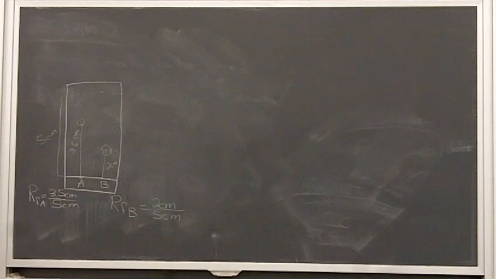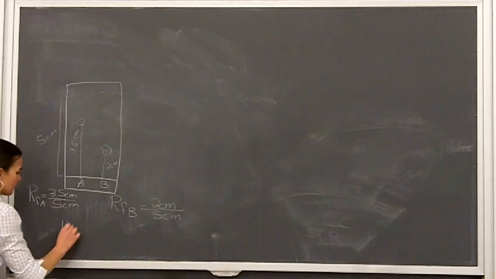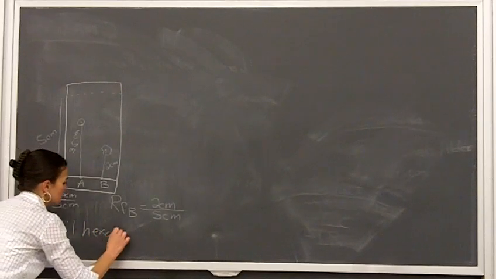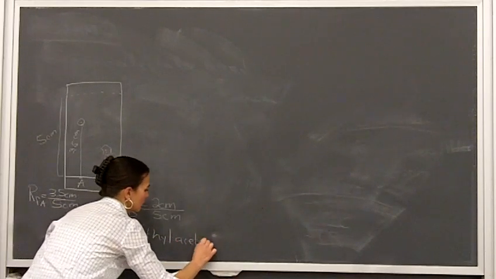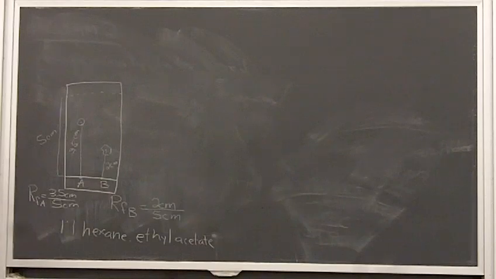Okay. Say we used 1:1 hexane ethyl acetate for this. What if we wanted those spots to travel farther up the plate? How would we change our eluent? Would we want to make it more polar or less polar? More polar.